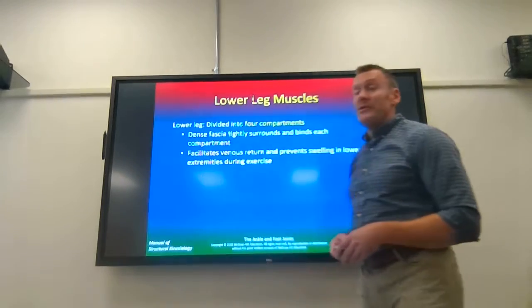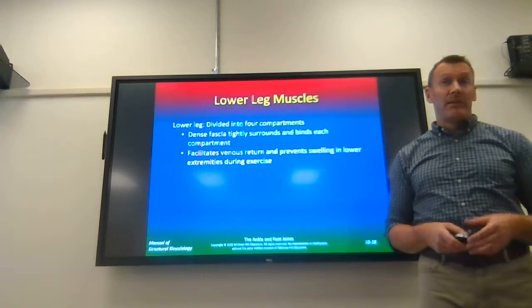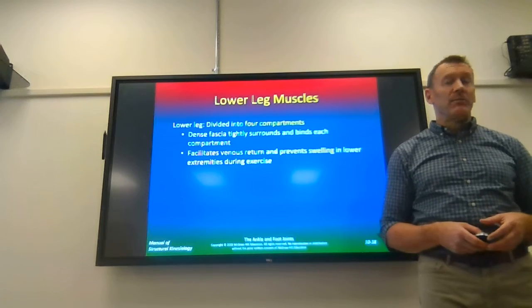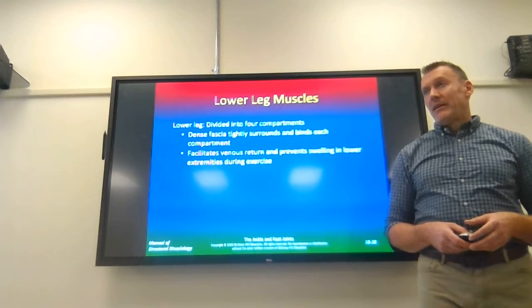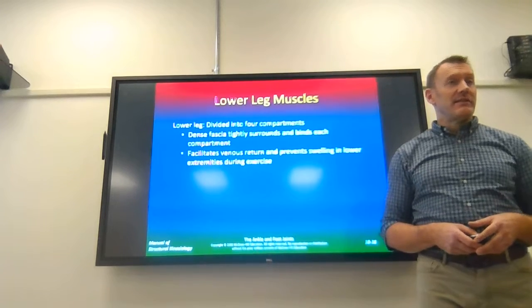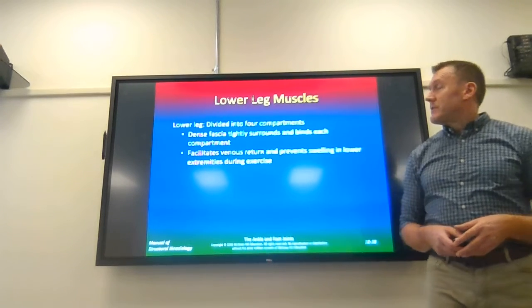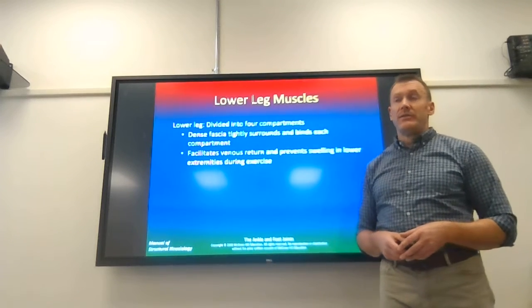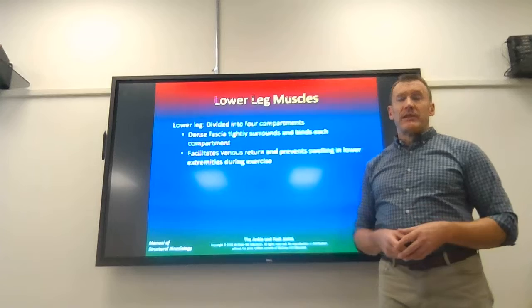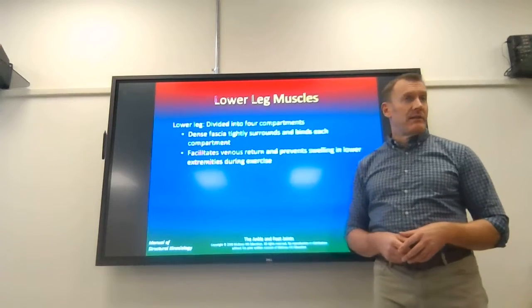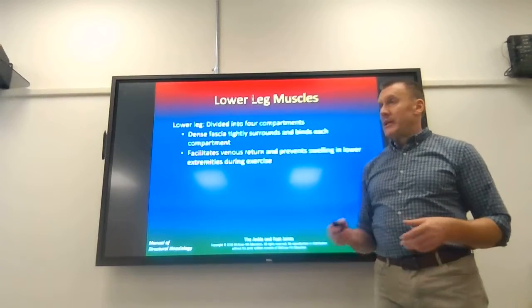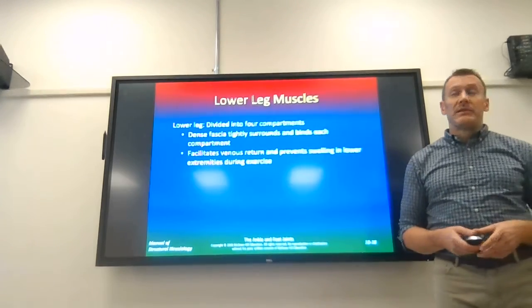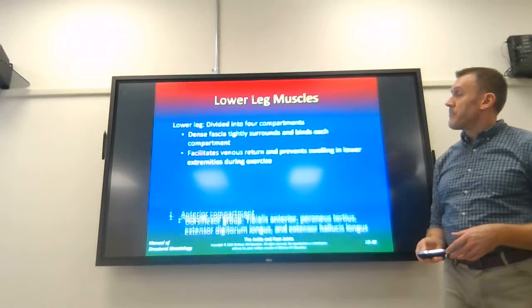Once the blood moves through the arteries, through the capillaries, and then onto the veins, there has to be a mechanism in place to get blood back to the heart, because the blood on the venous side has 0 pressure. So one of the mechanisms is muscle contraction. Having these muscles in compartments facilitates that process of moving blood from the legs back to the heart. So it prevents swelling, especially during exercise.